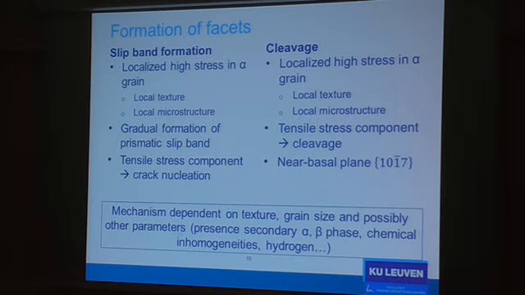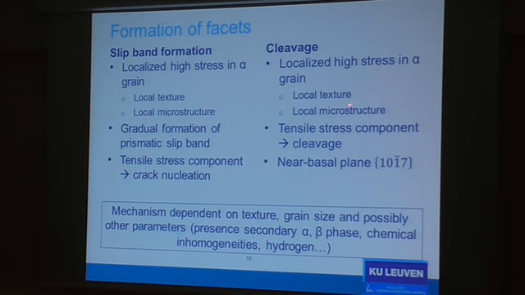Then we can compare the 2 possible mechanisms. In both cases, there will be a localized high stress in the alpha grain, which is the result of the local texture, because it's a combination of certain orientations of the grains. In the case of slip band formation, there will be a prismatic slip band in 1 or several grains, which afterwards can develop into a crack, also in combination with the tensile stress component.